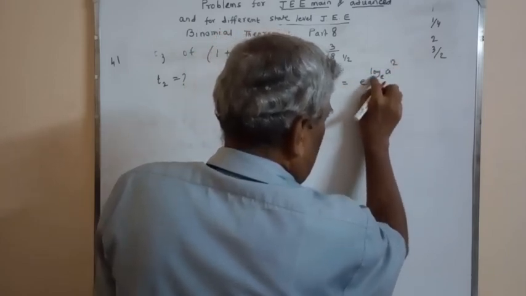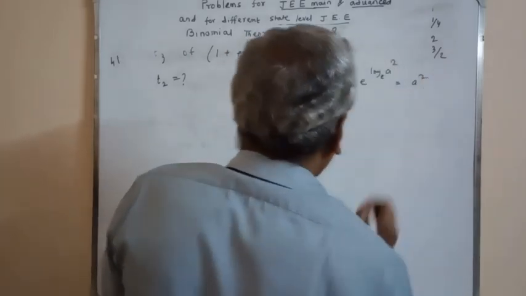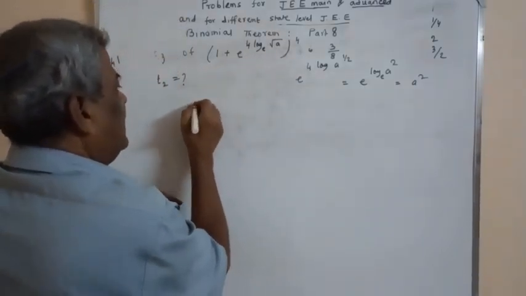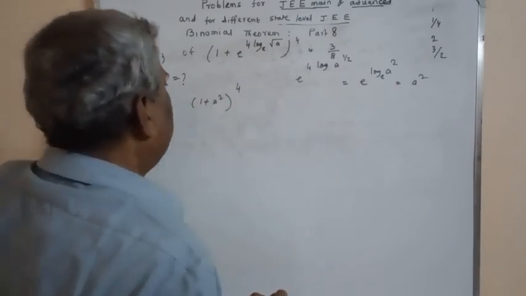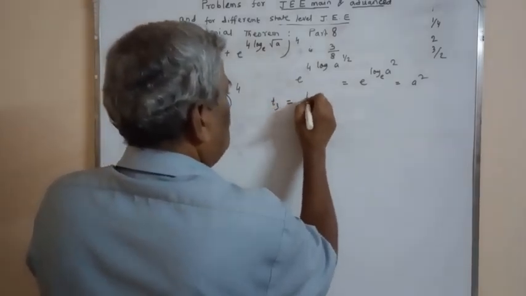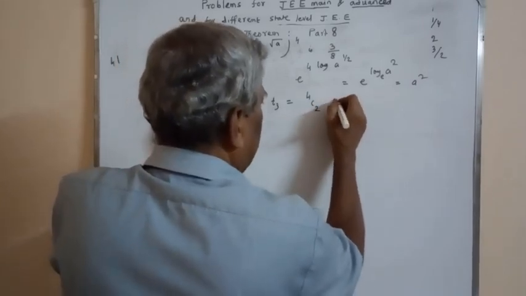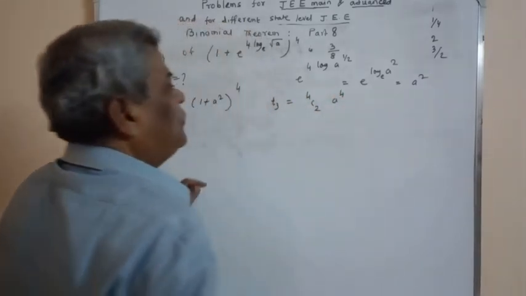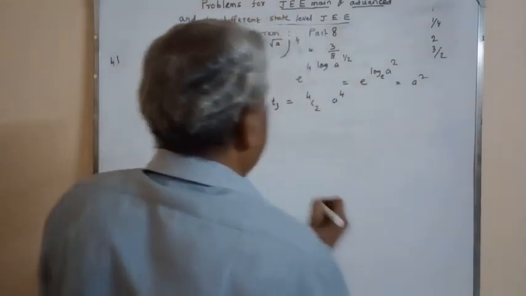So e to the power log a² base e is nothing but a². So the simplified binomial is (1 + a²)^4. Its third term T3 is equal to 4C2 into 1 into (a²)², that is a^4.